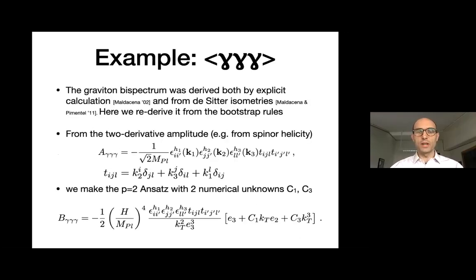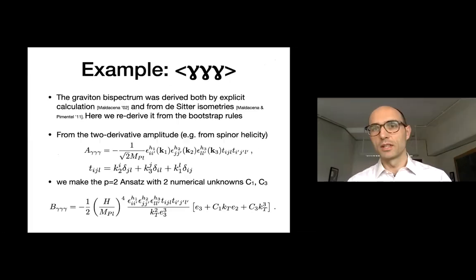Yes, I can tell you where it comes from. It comes from having chosen the amplitude to be a local Lorentz invariant amplitude. I could choose a non-Lorentz invariant amplitude, for example from an interaction which is gamma dot cubed, and then I would have gotten a different bispectrum, which indeed can be generated by coupling of gravity to the inflaton background, and it does appear in the effective field theory of inflation, but it requires a breaking of boosts.